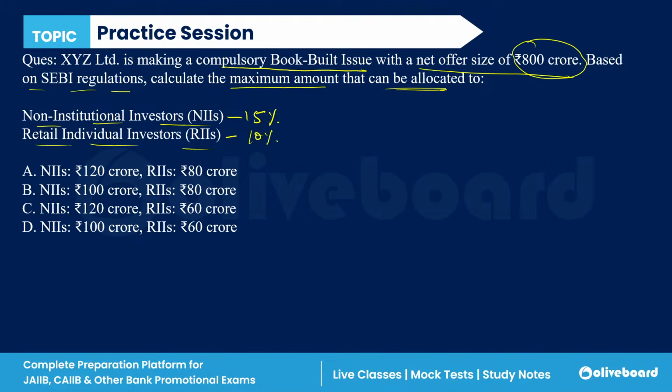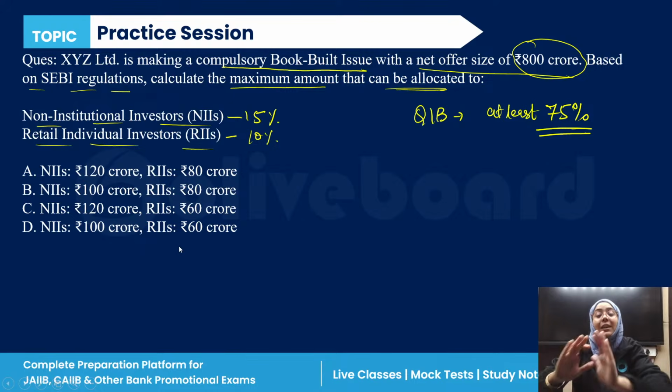In a compulsory book building issue, there are always three proportions. For the qualified institutional buyers, QIBs, at least 75% of the net offer you have to allocate. If you haven't allocated at least 75%, then you have to refund the complete net offering in the compulsory book building issue.